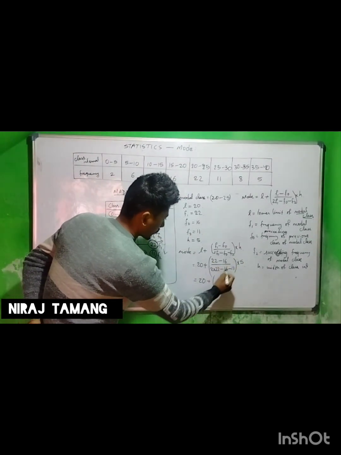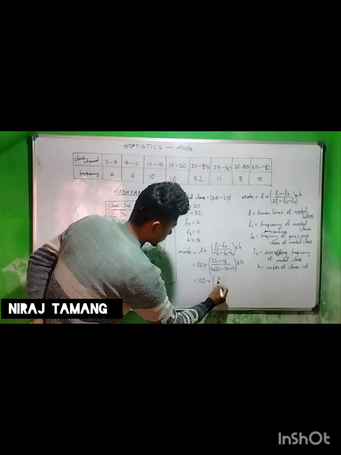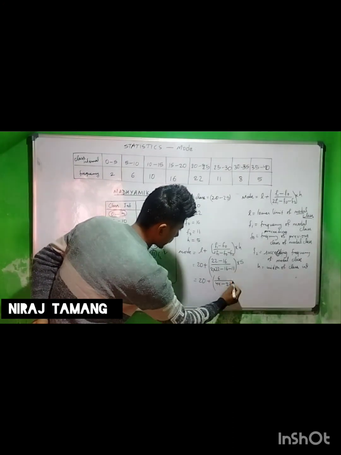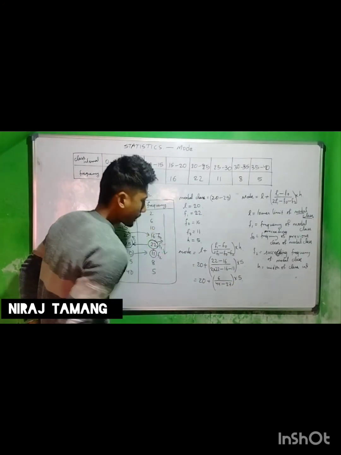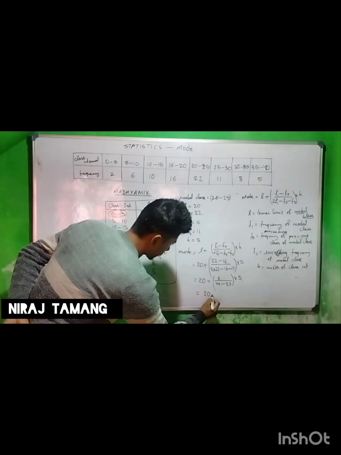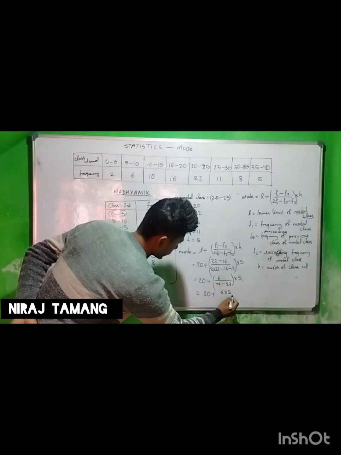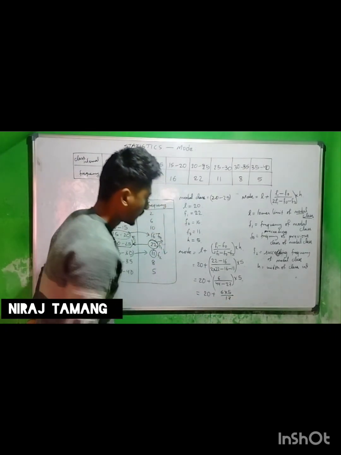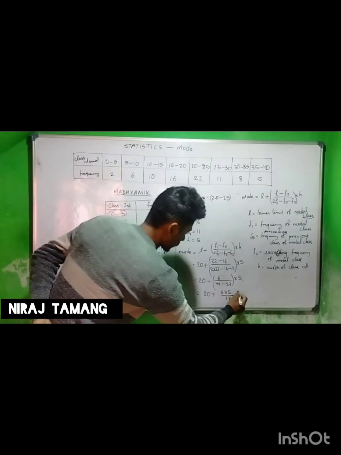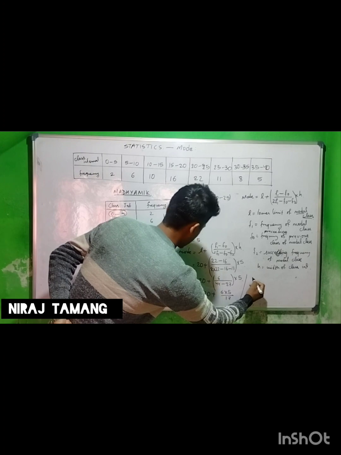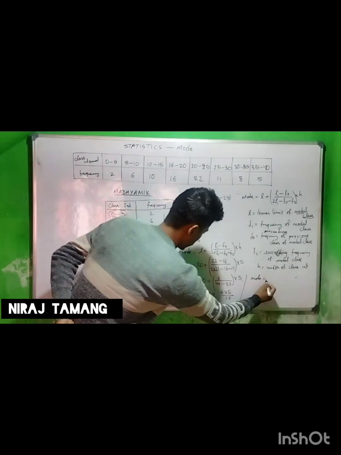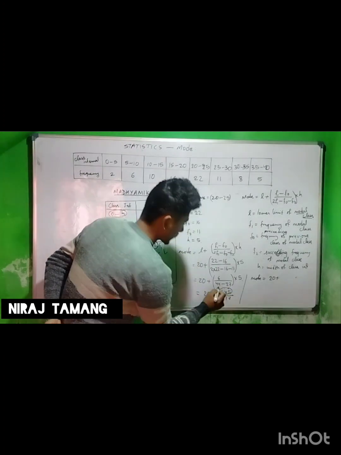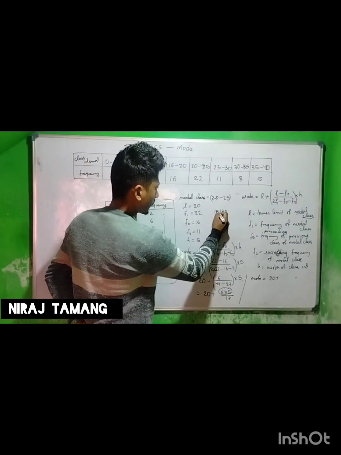If you subtract, you get 6 over 44 minus 27, into 5. So this gives us 6 into 5 over 17, which is 30 over 17.